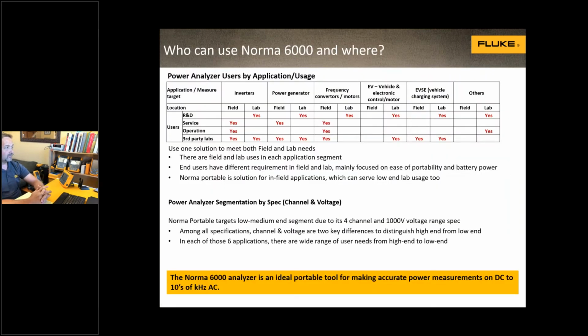So again, where would you use the Norma series? We've broken it down into service, research and development, operations, and also laboratory use. The Norma itself is designed for those kinds of things: inverters, power generators, frequency converters and motors, electronic controls for electric vehicles, electric motors in the vehicle systems, vehicle charging systems, and of course general laboratory use.